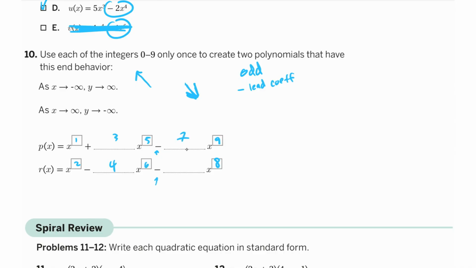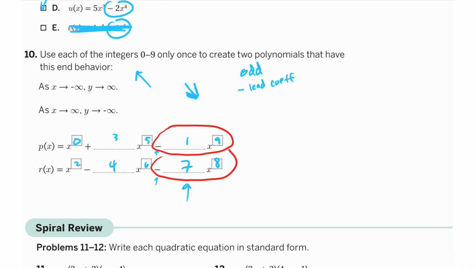Oh, oops, I forgot 0. Let's do this, I'm switching 0 to here. This is 1, and this is 7. I couldn't put 0 in the front, or the coefficient wouldn't be negative. The focus is these terms right here, which have a negative coefficient.